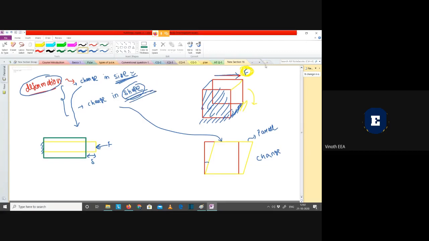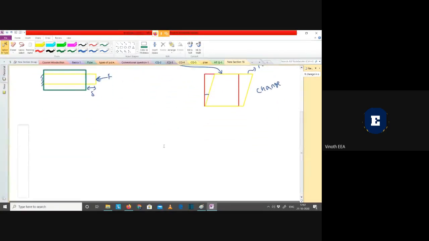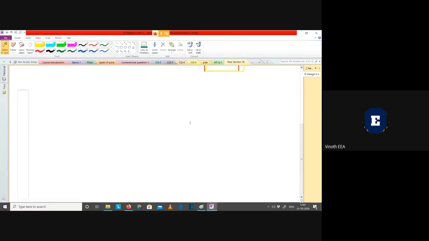Now why is it very important to talk about change in size and change in shape? Because by using these two things we are going to classify two different types of strain. The first strain which I'm going to discuss is normal strain, which is represented with epsilon. Epsilon, the normal strain, is due to change in size, which means how much the length is changing with respect to its original length.